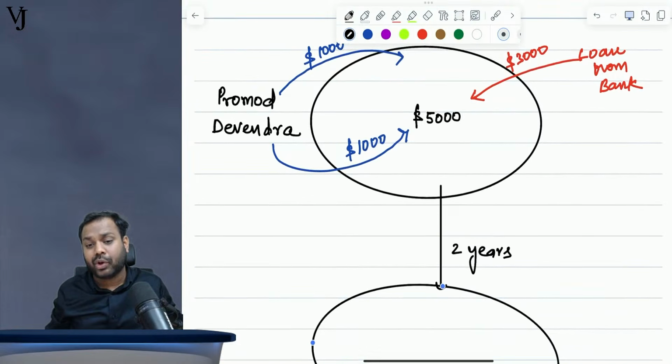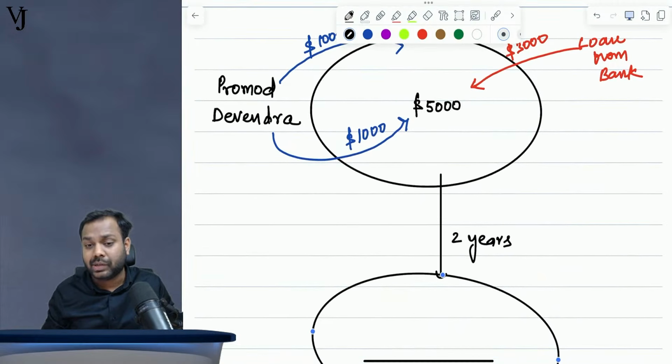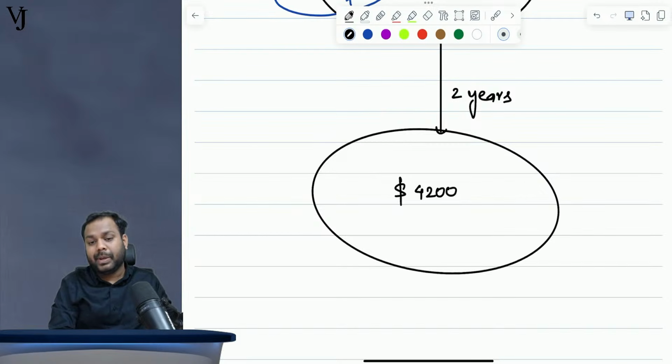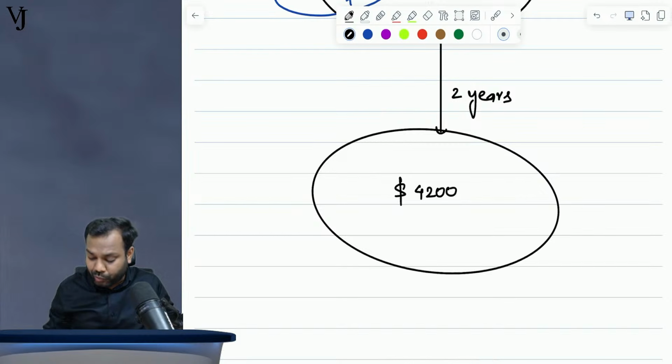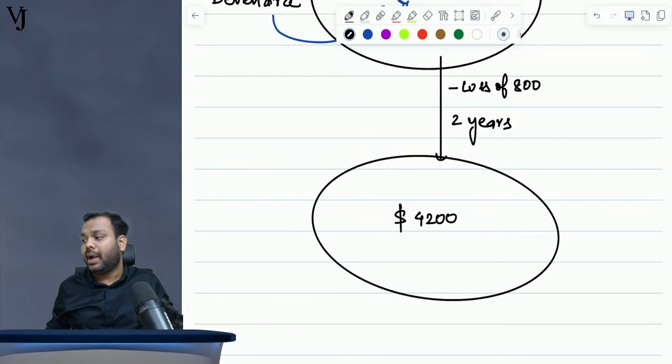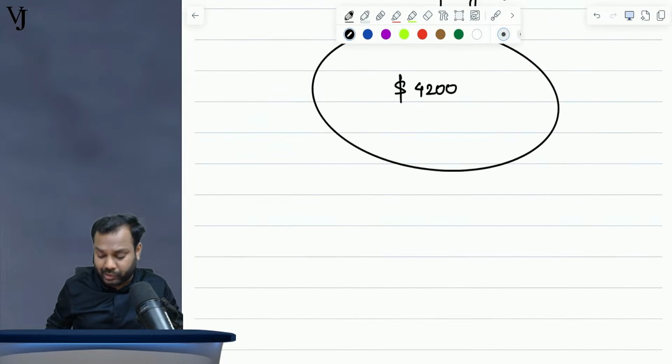The $5,000 which they initially brought in became $4,200, because they suffered a loss of 800. Now tell me, I am giving you options: how will this 4,200 be settled to Pramod, Devendra and the bank?